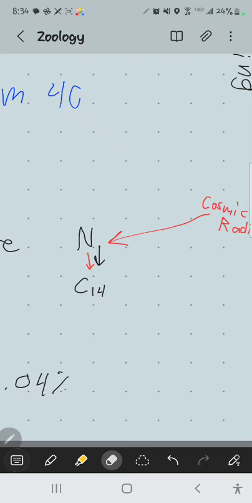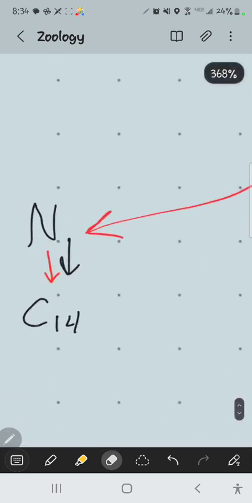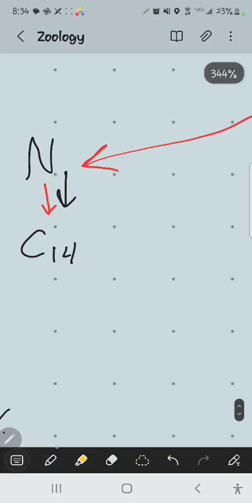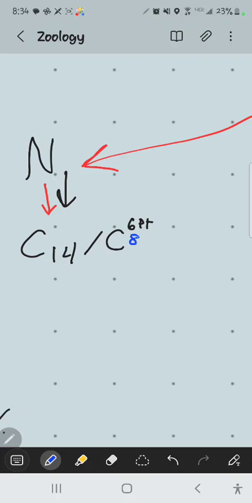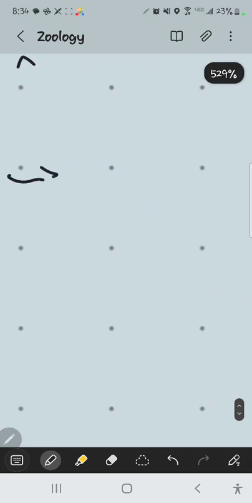So anyway, carbon-14 is radiometrically unstable. It's not very stable. Over time, you have radiation, essentially like alpha radiation, and this will radioactively decay back to nitrogen.